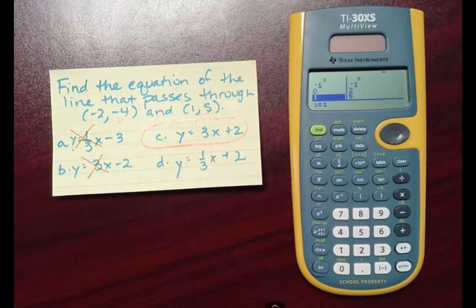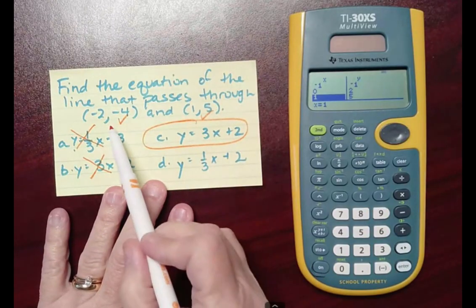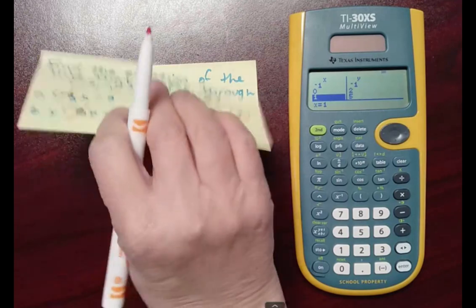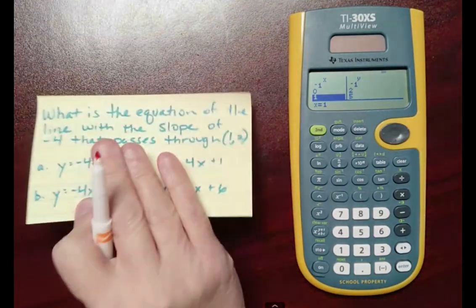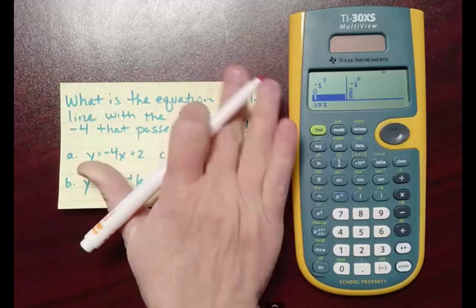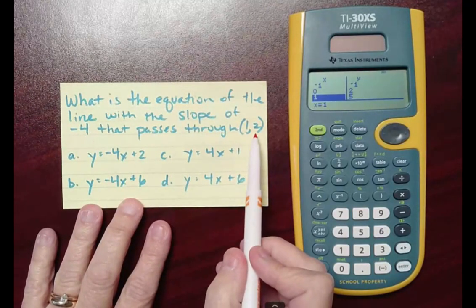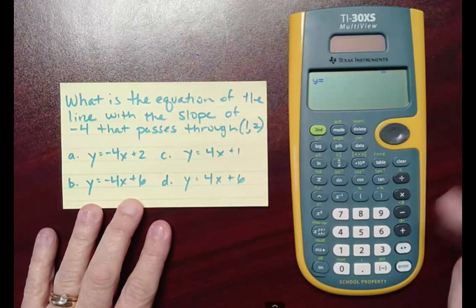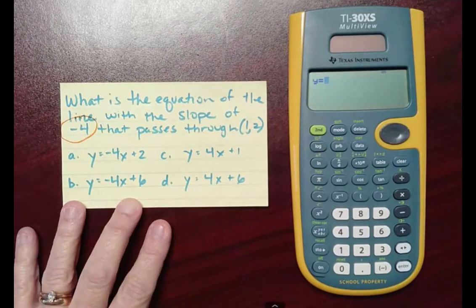As long as they're in y equals mx plus b format, you can type them in a table and check to see if the points are on there. Now, one other example. This next one asks us to write the equation again, but it says, what is the equation of the line with the slope of -4 that passes through this point 1, 2? Once you've studied slope a little bit and get better at graphing lines, they tell me the slope is -4.